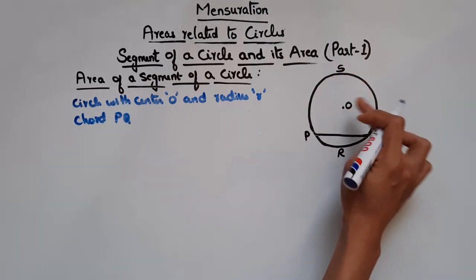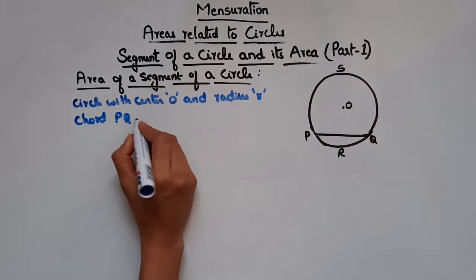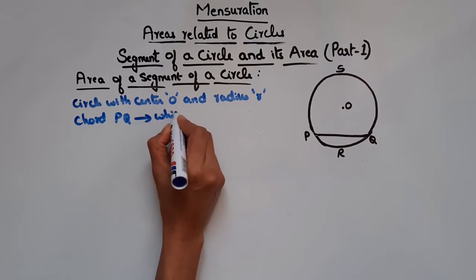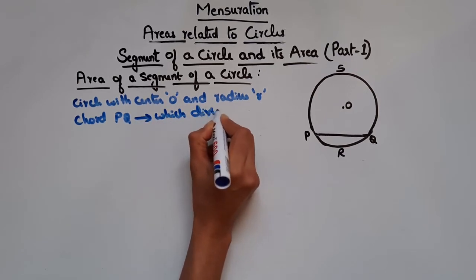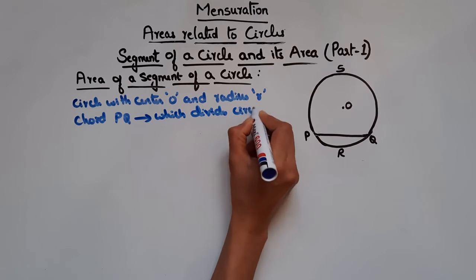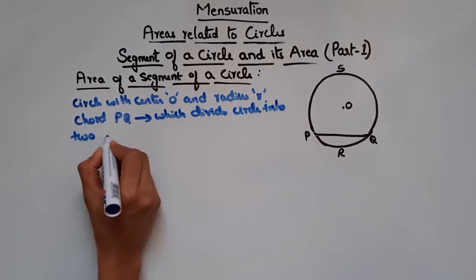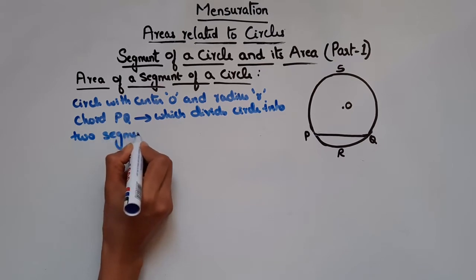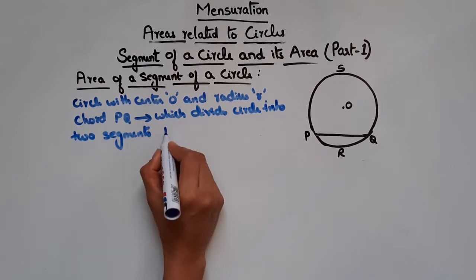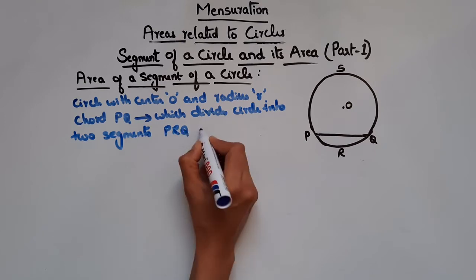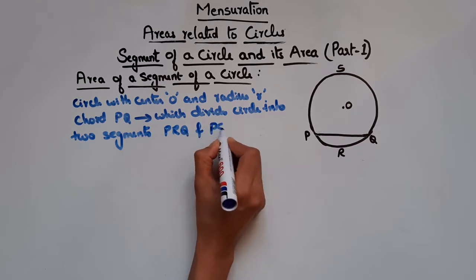which divides the circle into two segments, right? So here the segments are PRQ and segment PSQ.